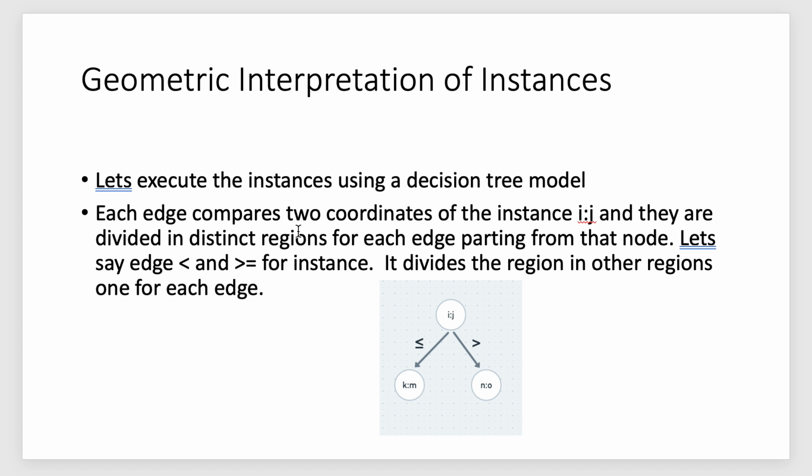Each edge compares two coordinates, the ith coordinate with the jth coordinate of that point. And when you do that, we split the region in two different regions.